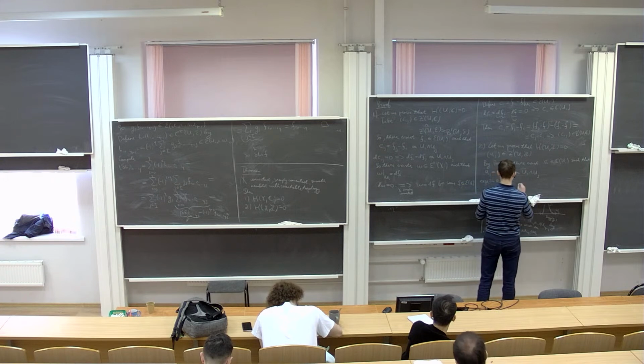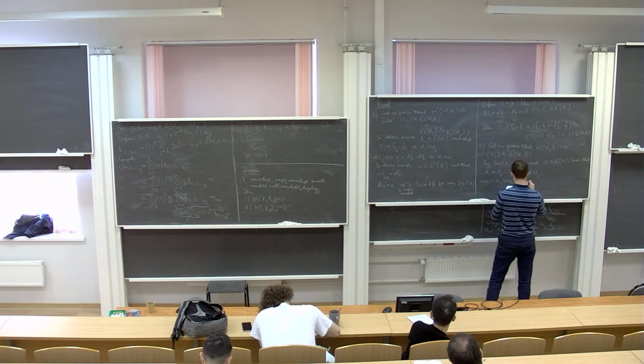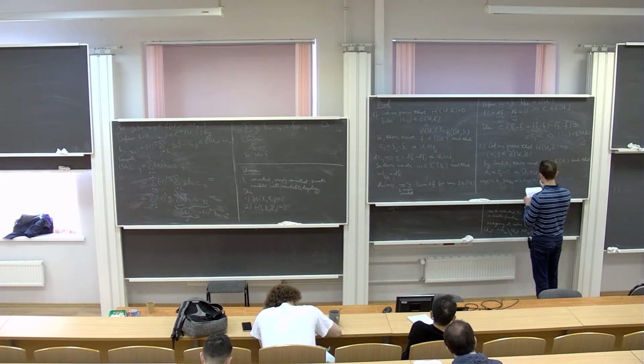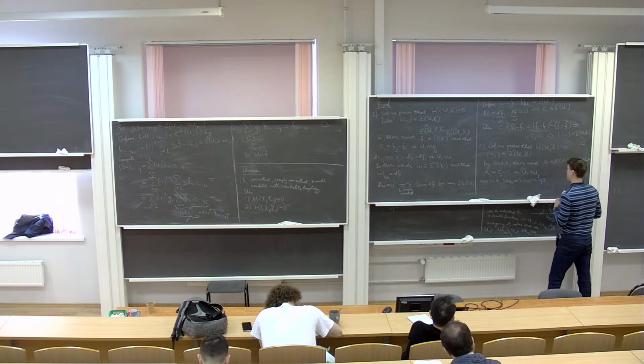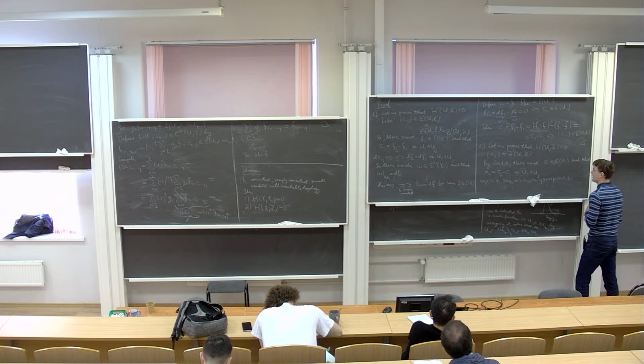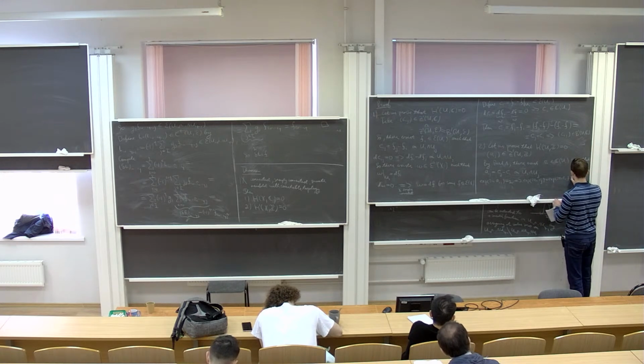So it implies that the exponent of 2 pi i Cj is equal to the exponent of 2 pi i Ci on this intersection.